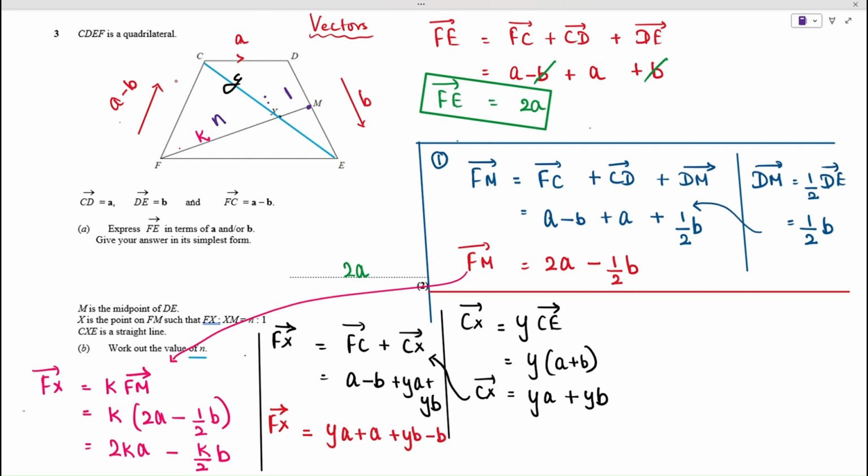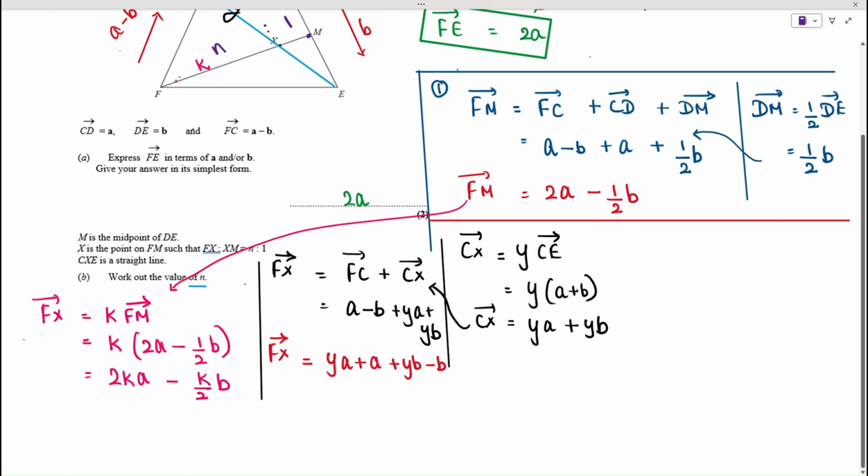In the first two terms, we're going to factorize a out, so we're left with y plus 1 in brackets times a, plus, and then the second two terms we're going to factorize b out, so we get y minus 1 times b.